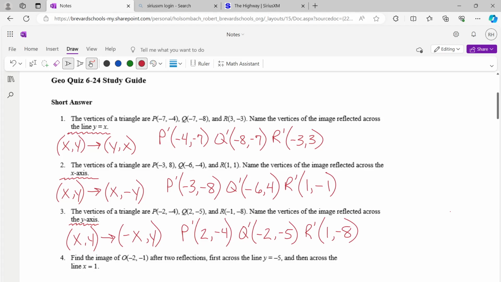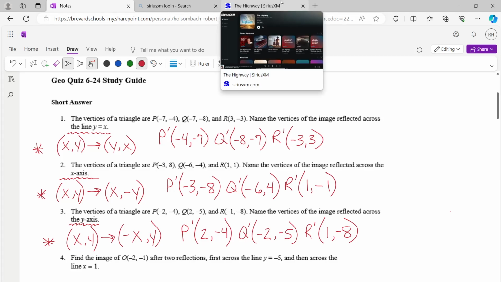All right, so 3 reflections, 3 rules that you can use so you don't have to graph the triangle and reflect it on the graph.